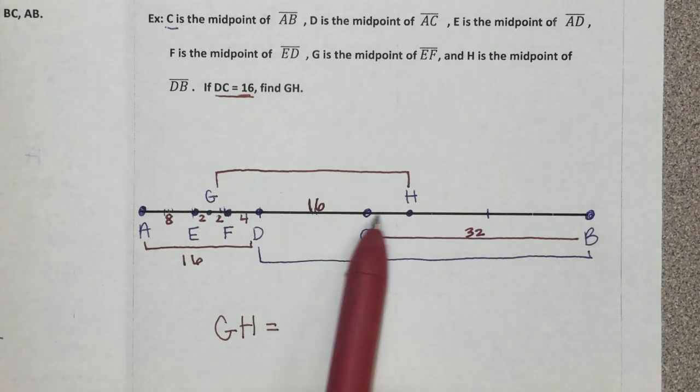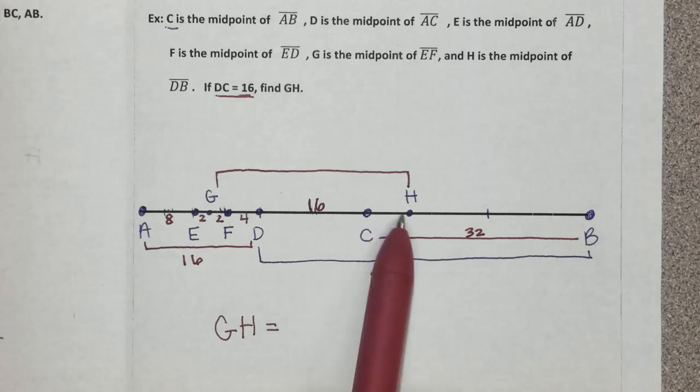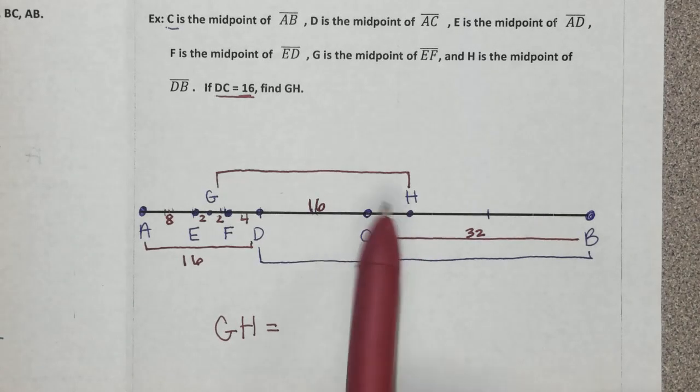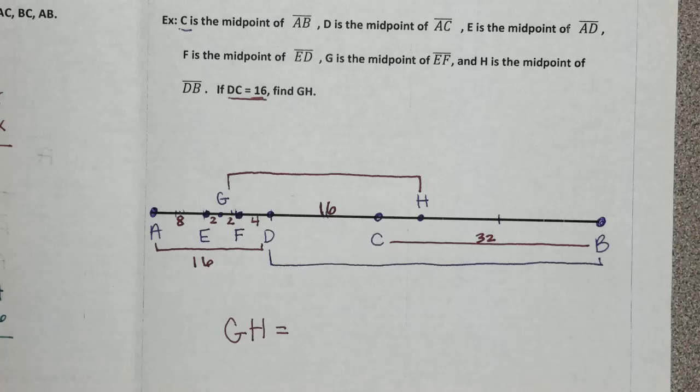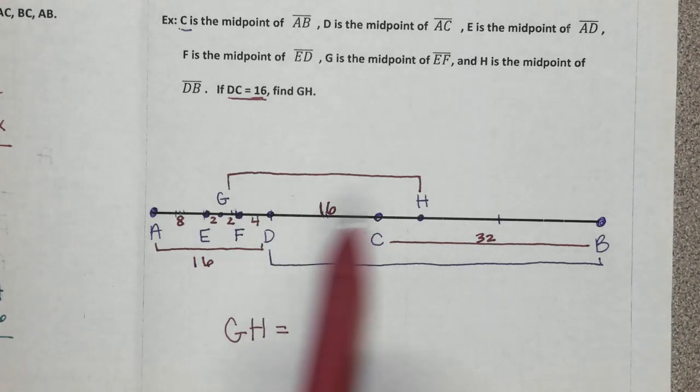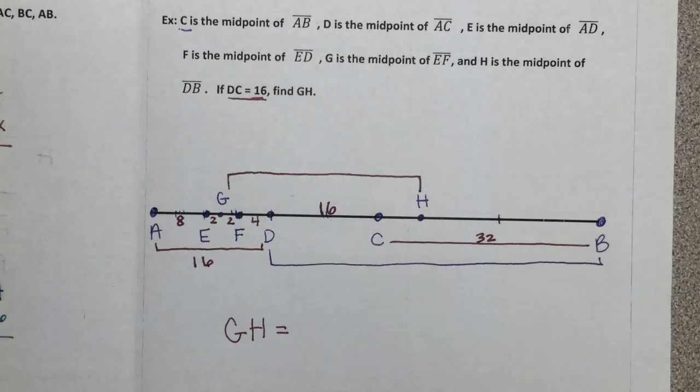Yeah, but what is C to H? We don't know. Yeah, how do I figure it out? What about FD is 4? What's 6? 32 minus 7. Oh, from G to D? Yeah. Is that going to tell me C to H? D to B.